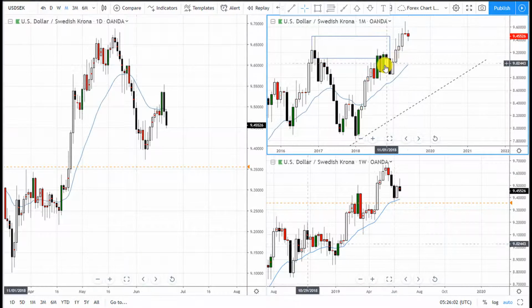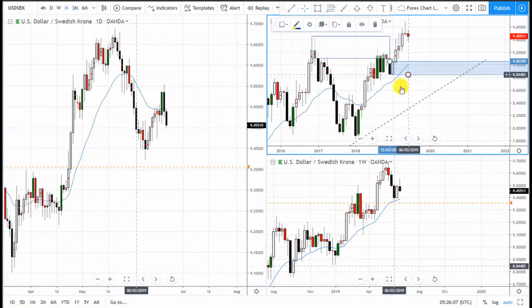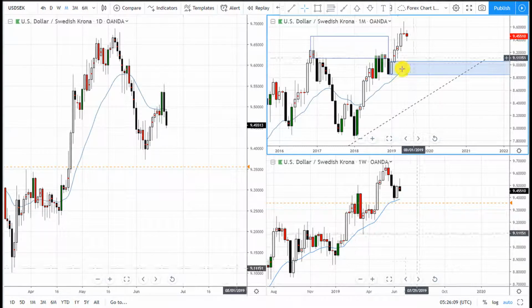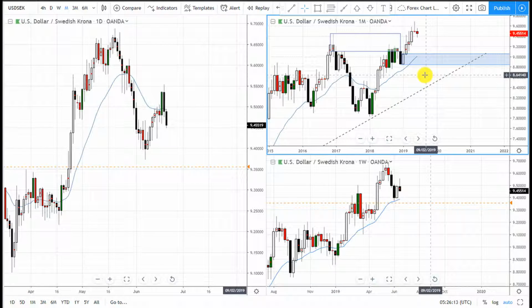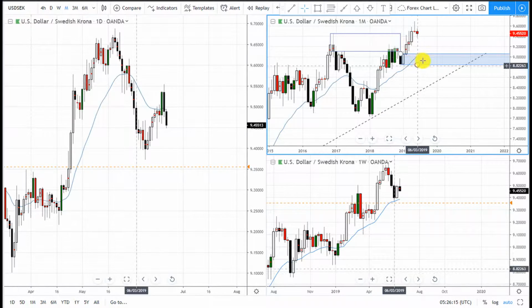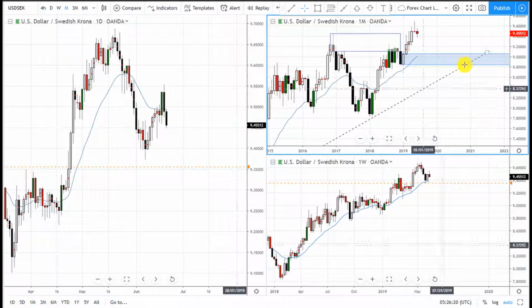Okay, it's broken, and this is the new demand zone that was formed with the support of this EMA as well. So the monthly is in a clear uptrend with EMA support, clear uptrend with the trend line going up.